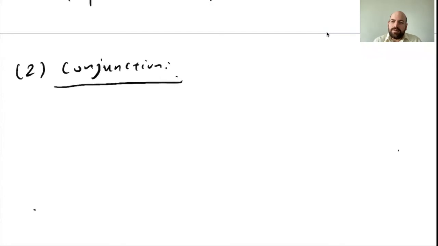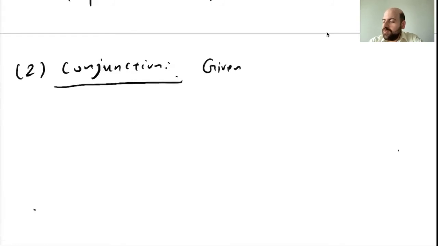Similar to numbers, if you have two numbers you can add them to get a new number, so addition is an operator between two numbers. Here we have two propositions and we want to perform an operator called conjunction between those two.